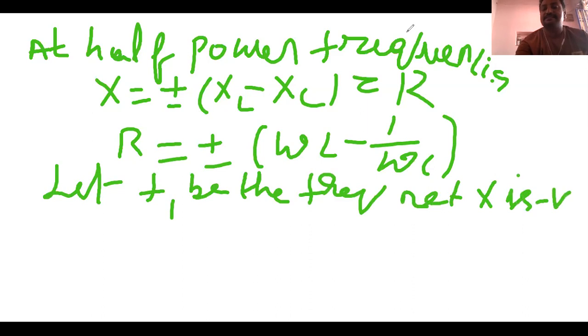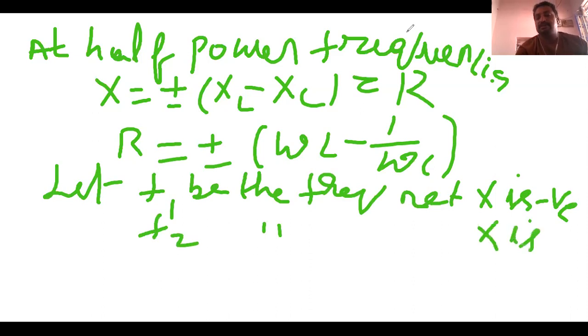Vice versa, F2 is the upper cutoff frequency and X is positive. We'll pick up like this, and if we continue like this, we'll get different equations.